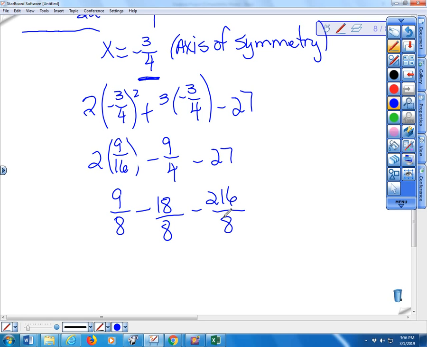And I have what? Let me just make sure I did this right. 27 times 8. Okay, 243. Does that seem right? No, because this is negative, this is negative. So it's really, I'm just subtracting 8 from 216, which is 208.